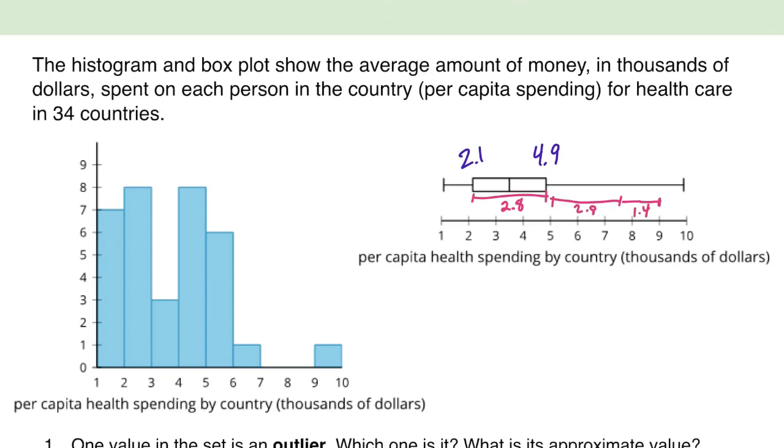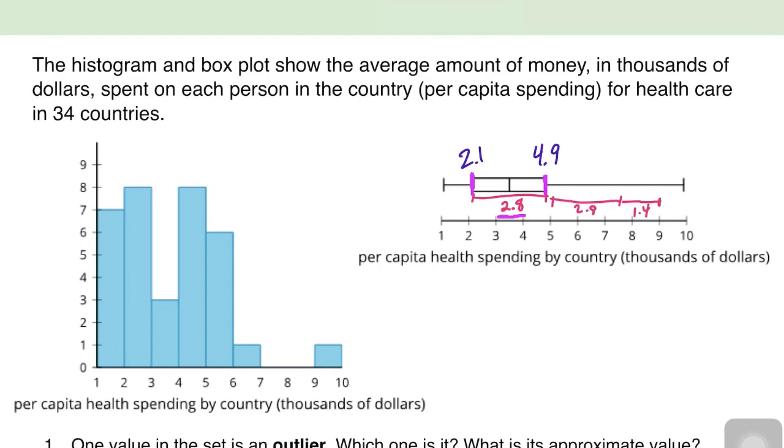I did a little writing on the box plot here to try to get this idea of what is 1.5 times the IQR. And so I'm looking at my first quartile and my third quartile. I had to do some estimating because they're not falling exactly on the numbers here, so I estimated 2.1 and 4.9.